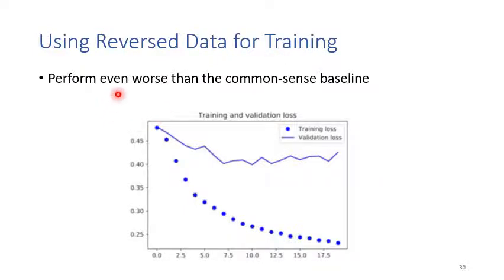And we can see that the reversed data performed much worse than all previous models, even much worse than the common sense baseline. It has a very high error rate, very high loss, right? Higher than 0.4. So the reversed data does not work for temperature forecasting.